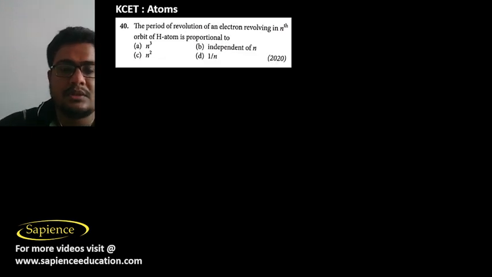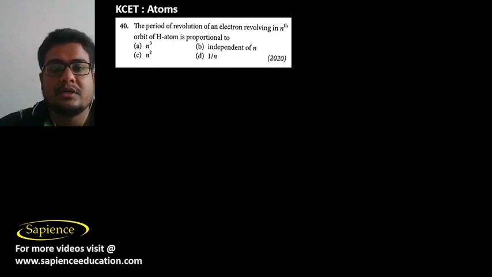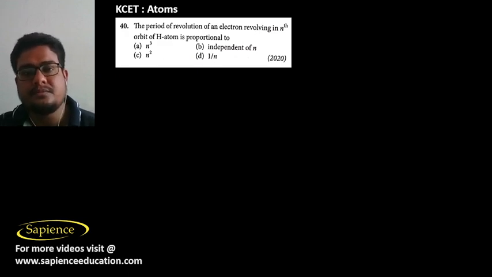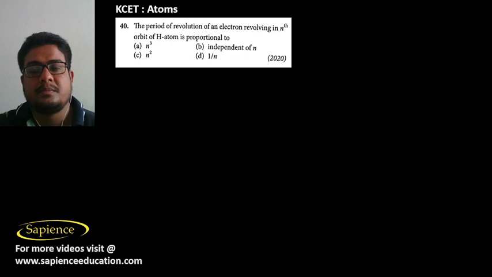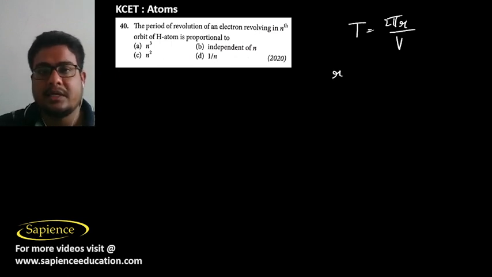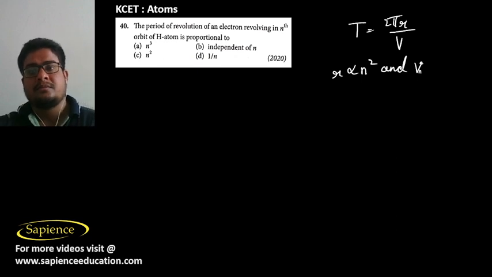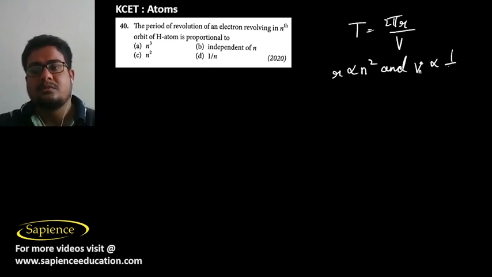Then in question number 40 it is told the period of revolution of an electron revolving in nth orbit of hydrogen atom is proportional to. The time period of an electron revolving in nth orbit of hydrogen atom is given as 2 pi r by v, and r, the radius of the nth orbit, is proportional to n square, and the velocity in the nth orbit is proportional to 1 by n.